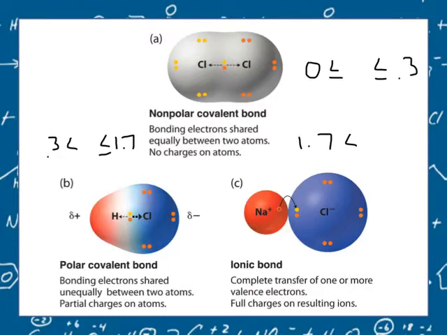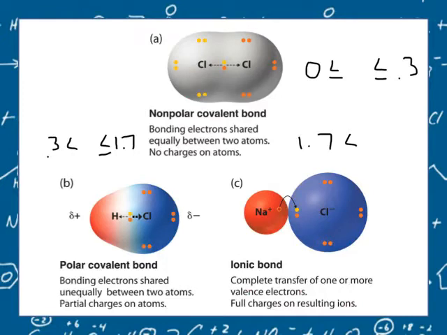So this electron is now spending 100% of its time around one of the atoms and 0% of its time around the other atom. This results in full charges and ions, so a full positive here and a full negative here. In between is polar covalent.